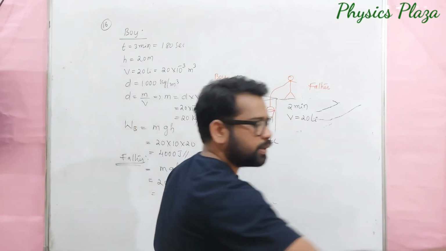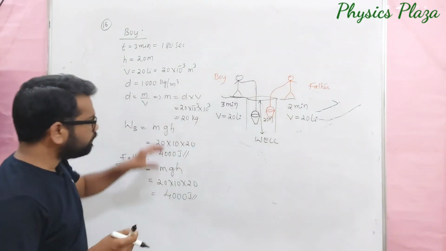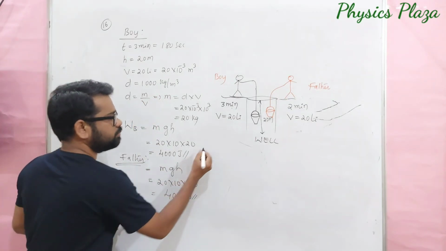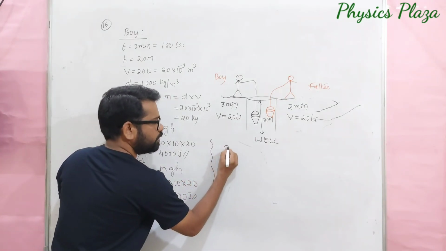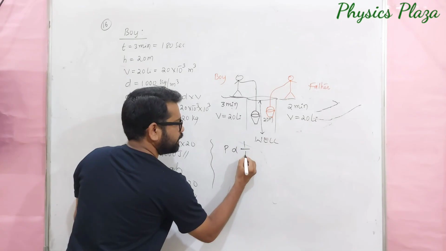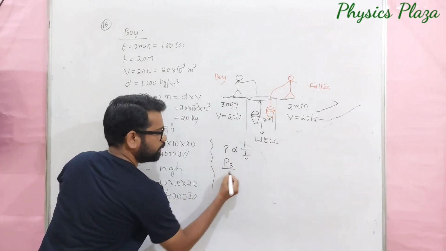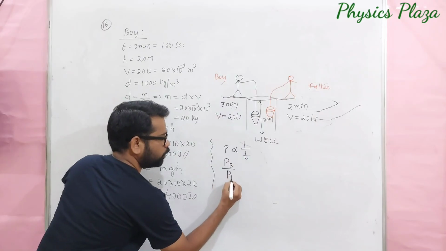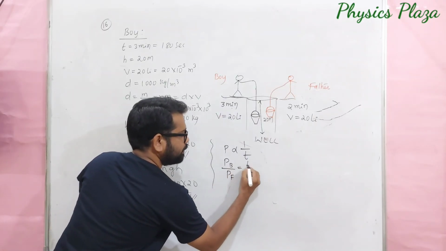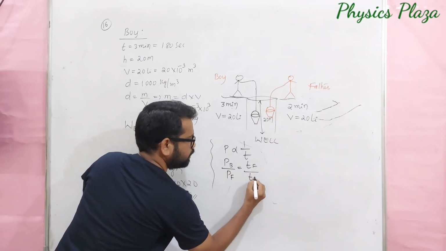Now we need to calculate the power spent. Children, when work done is the same, power is inversely proportional to the time taken. So power of the boy to power spent by the father is equal to time taken by the father by time taken by the boy.